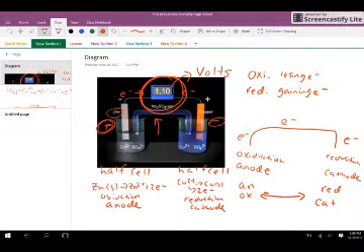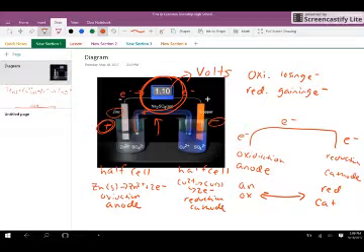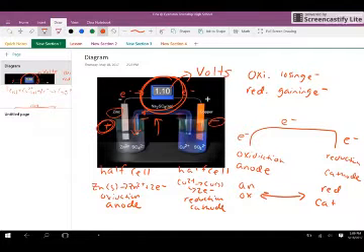And the cell cannot run if you end up with this unequal charge. So the salt bridge exists because it puts negative ions into the side that's becoming positive, and it puts positive ions into the side that's becoming negative. That's pretty much it.